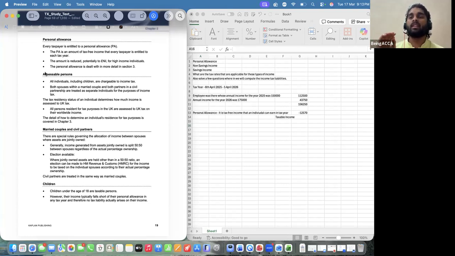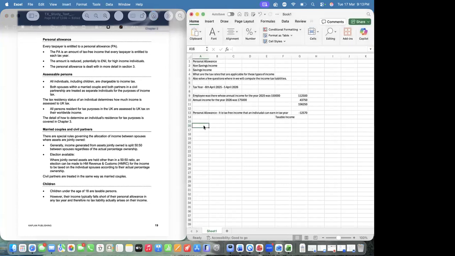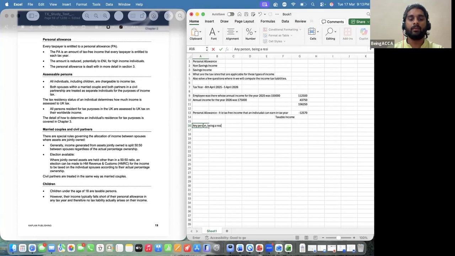Any person who has any sort of income and who is a resident of UK will be considered as an assessable person for chargeable income tax. You should remember this.